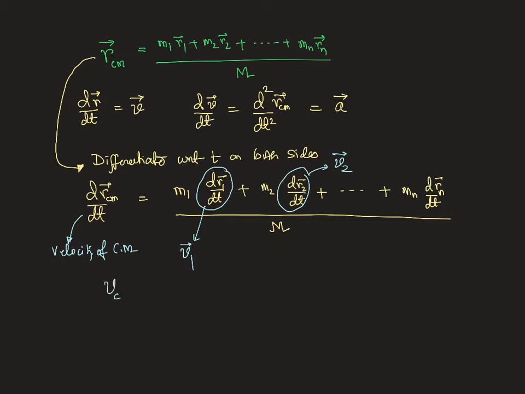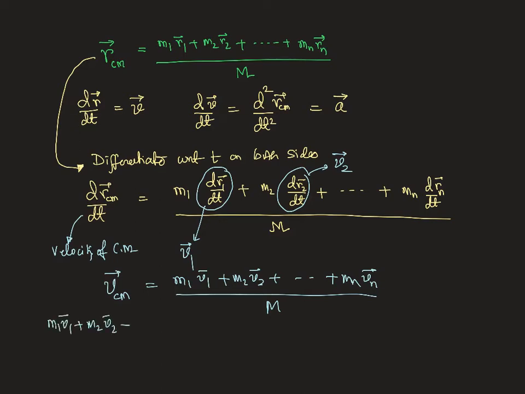So vcm is m1 v1 plus m2 v2 up to mn vn divided by M, or we can write m1 v1 plus m2 v2 plus m3 v3 up to mn vn, for an n particle system, is equal to M, the total mass of the system, multiplied by vcm.